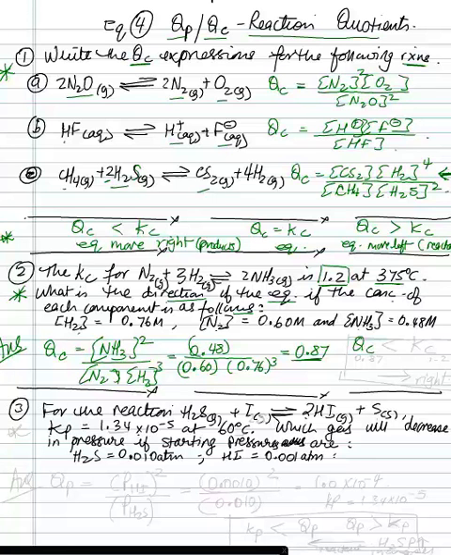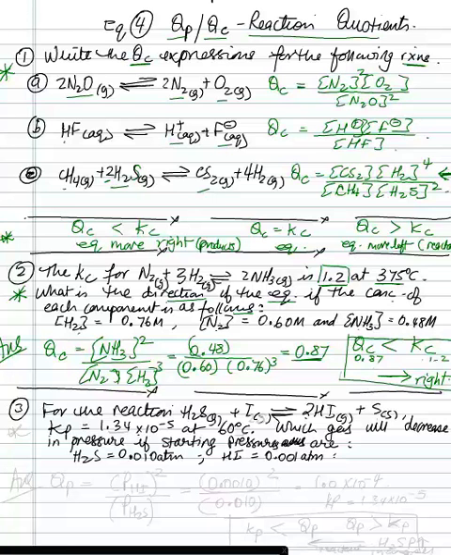So QC is less than KC, because QC is 0.87 and KC is 1.2. If QC is less than KC, equilibrium is going to the right, which means that you have less products in there. That's why your QC value is less. So that is our answer.